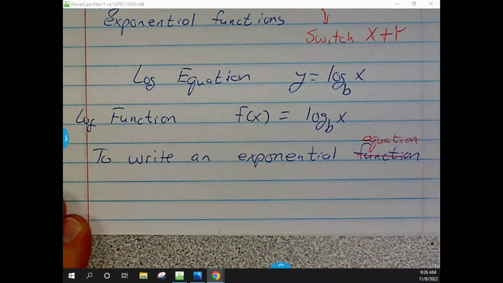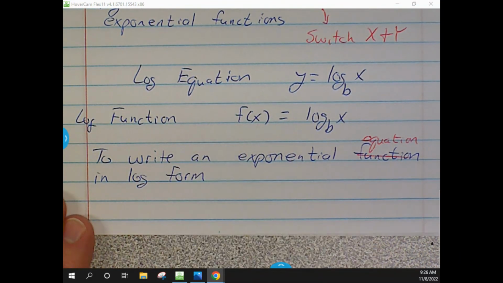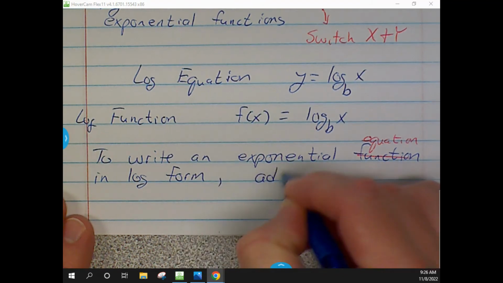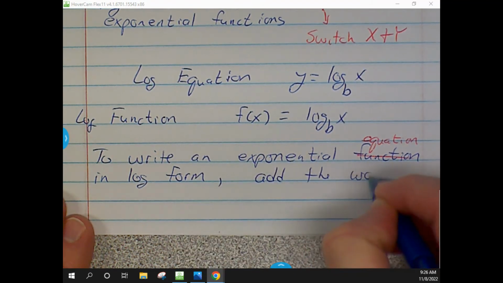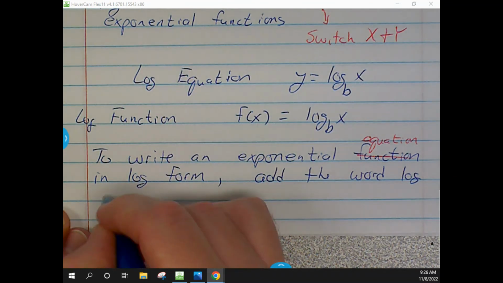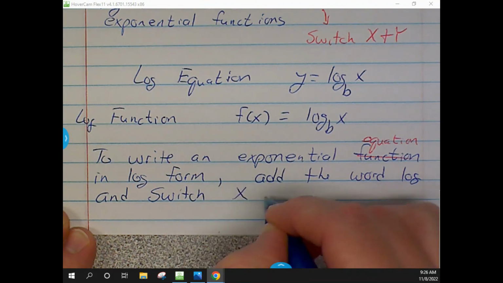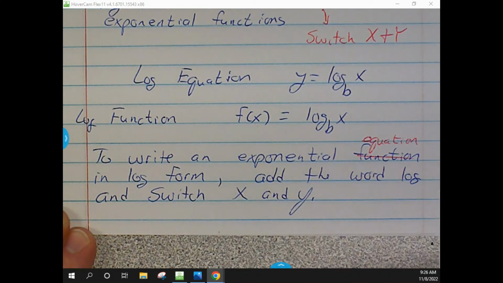So to write an exponential equation in log form, you're going to add the word log, because you have to write it in log form, and then you switch your x and your y.